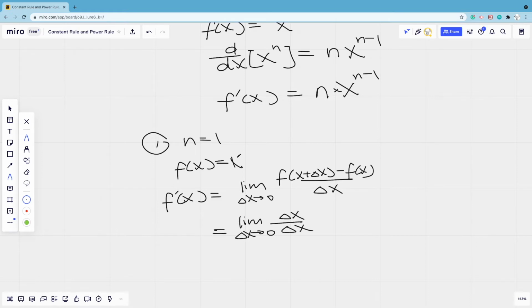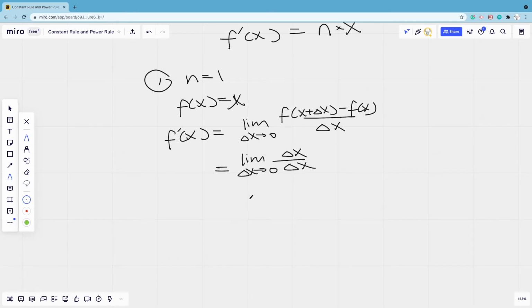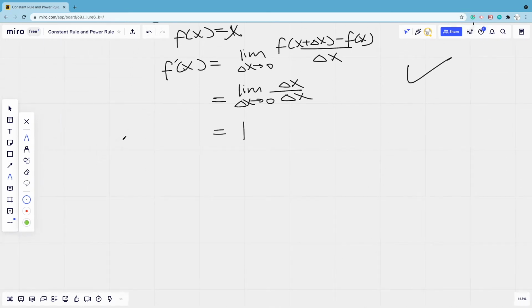Oh, I'm so sorry, f(x) equals x in this case. That was a mistake in my writing. And this is 1. So does this apply to what the power rule states? The power rule states that when n equals 1, the derivative should equal 1 times x to the power of 0, which is 1. And yes, correct.